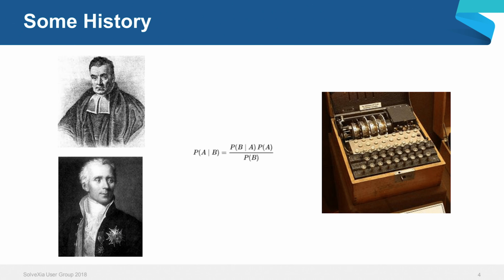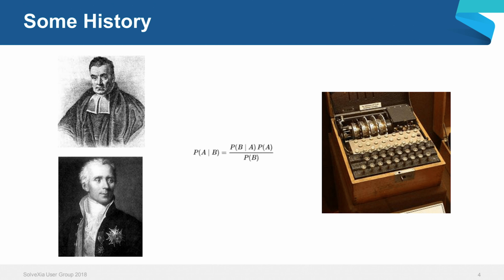And if we think about it, how did this come to be? How did people develop this imitation of human intelligence? So we can trace back the original theory and the concepts to the 18th century where Thomas Bayes first proposed the idea and then it was lost until Laplace picked it up and constructed the framework that we use today.